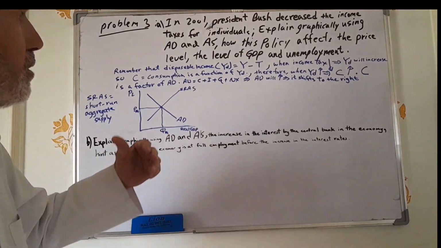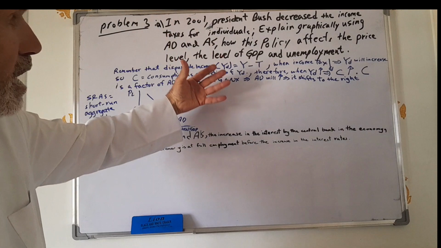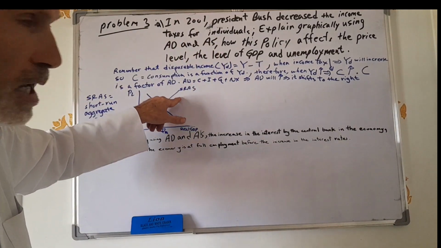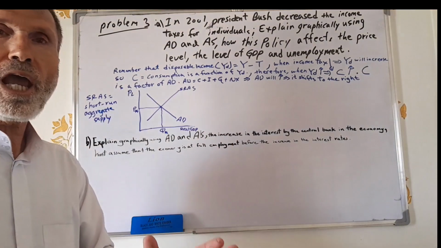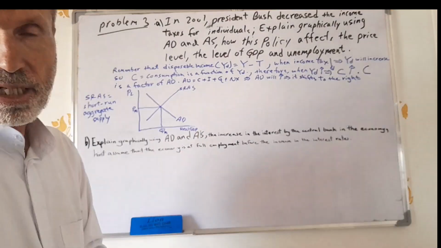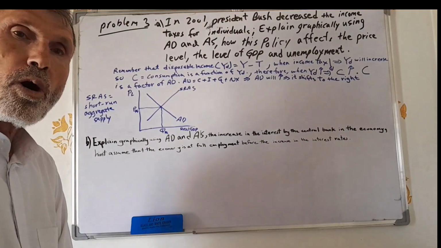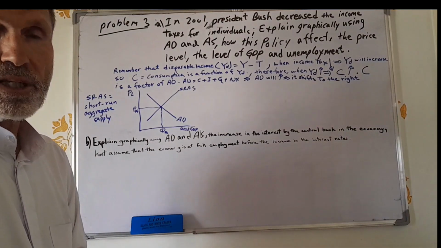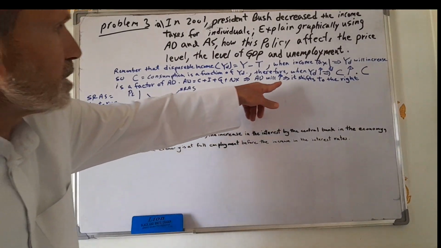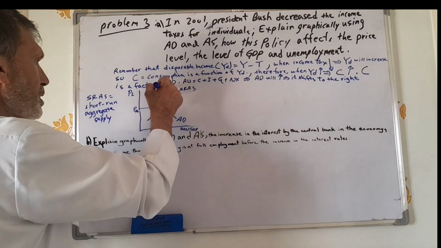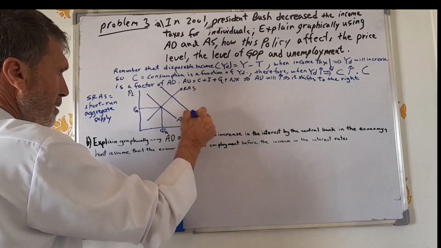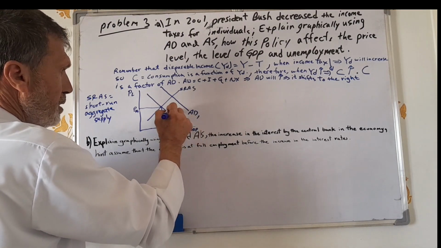Now, of course, we engage the changes in the economy. What happens? We know that the short-run supply is fixed. No change in the short-run supply, because the change in consumption will only affect the aggregate demand. Therefore, only aggregate demand will change. So aggregate demand shifts to the right, as you can see, from AD0 to AD1.